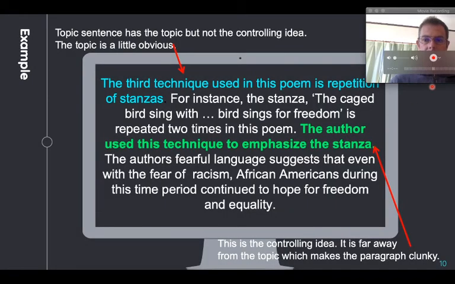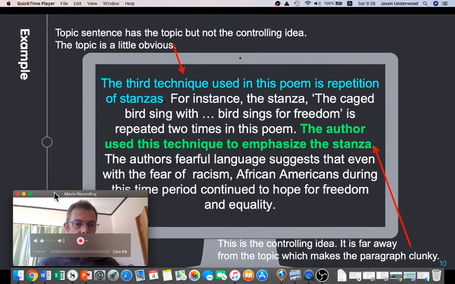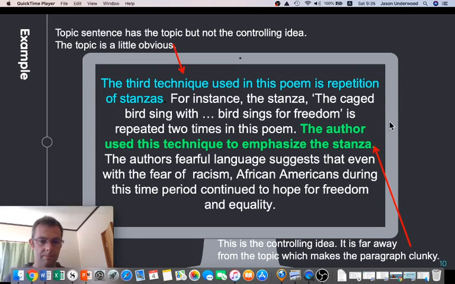So let's take a look at an example. Now we've got a paragraph here that is analyzing Maya Angelou's poem, I Know Why the Caged Bird Sings. Now the paragraph, it has a topic sentence. Here it is.